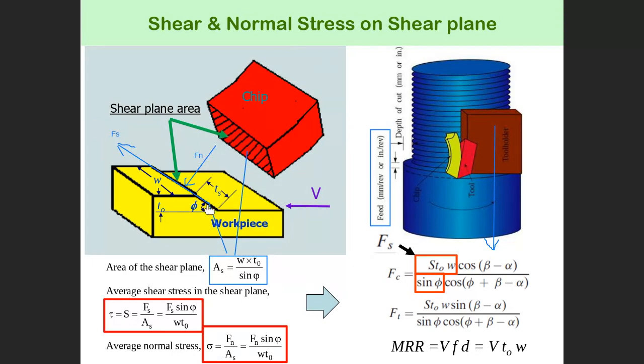Fs and Fn are applied in the shear plane.